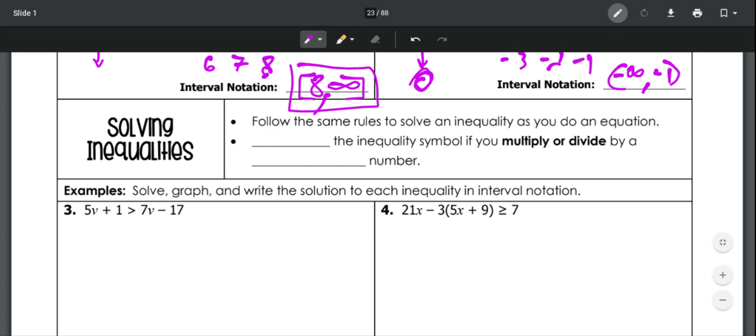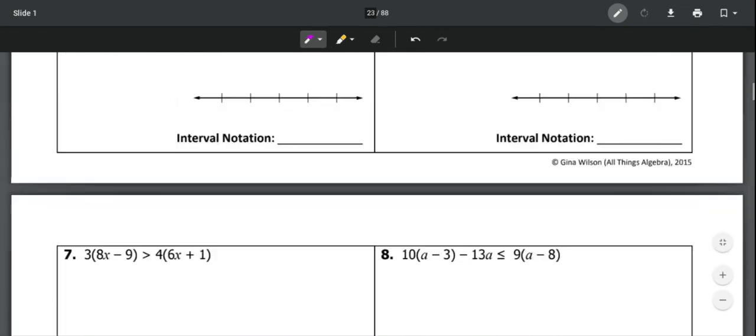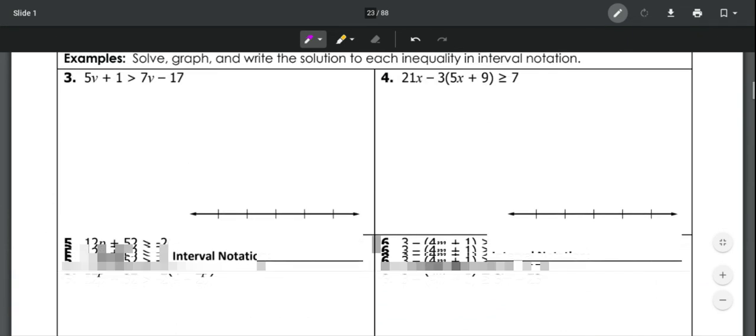This is the one thing you have to remember: you switch the inequality symbol if you multiply or divide by a negative number. So when you're solving these, if you ever multiply or divide by a negative number, if you had a greater than sign, it now becomes a less than sign, and vice versa. So let's do a few examples.